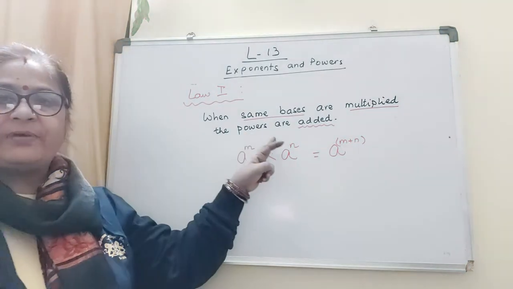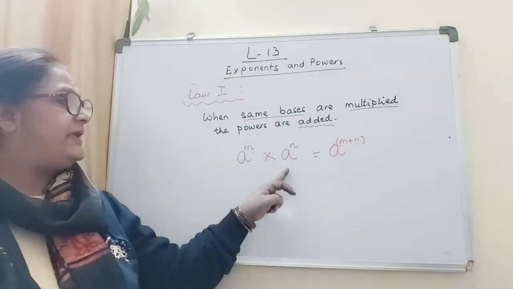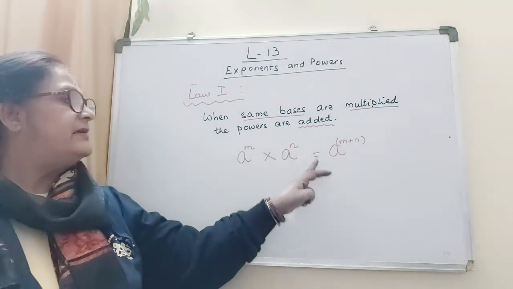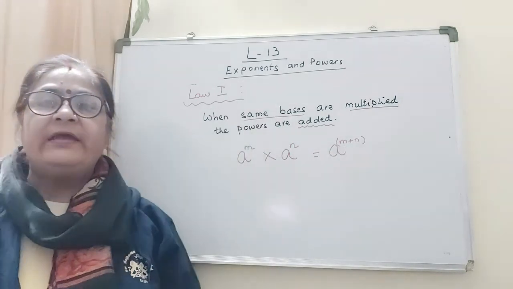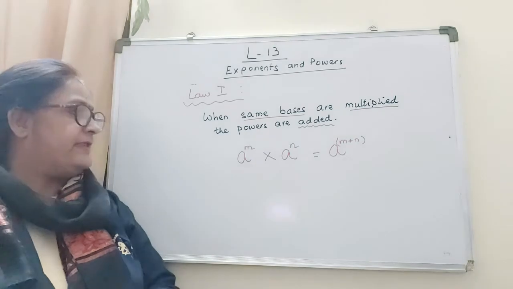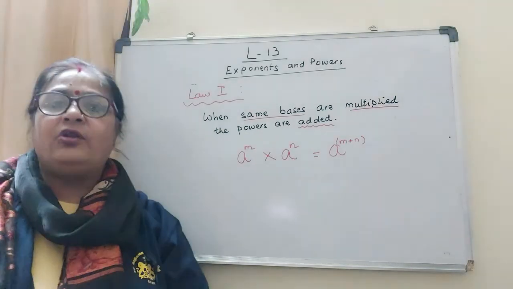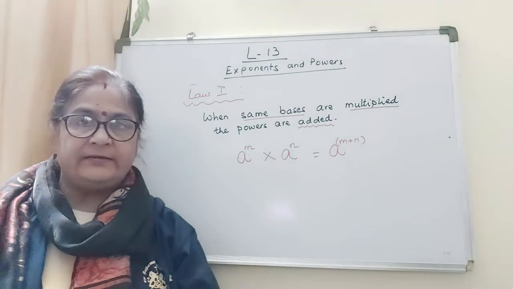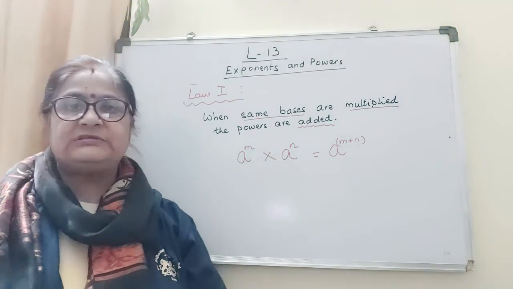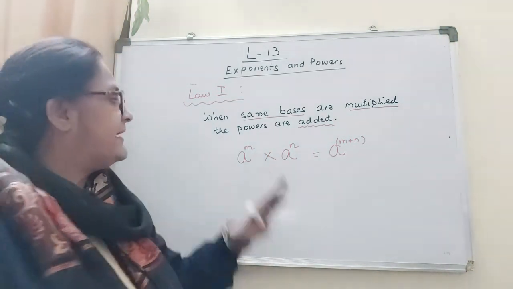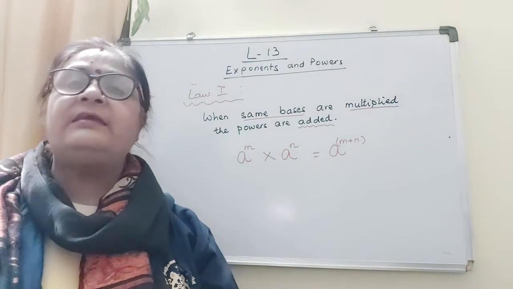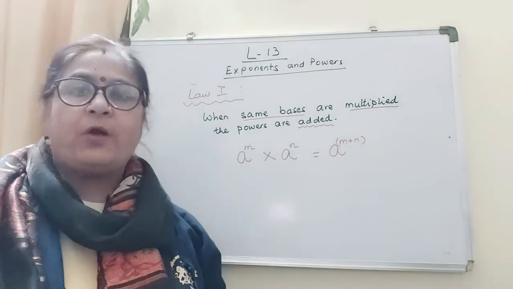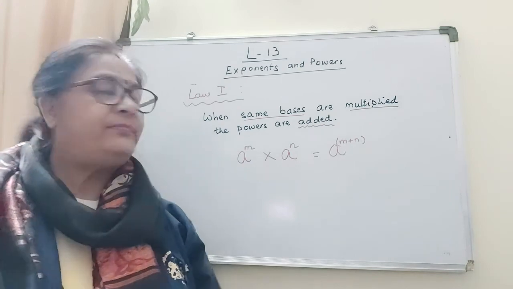A raised to the power of m multiplied by a raised to the power of n is the same as a raised to the power of m plus n. This is law number 1. Now we are going to do till here. You can write an example of law number 1 using any numbers, any base, any power. You can write an example.